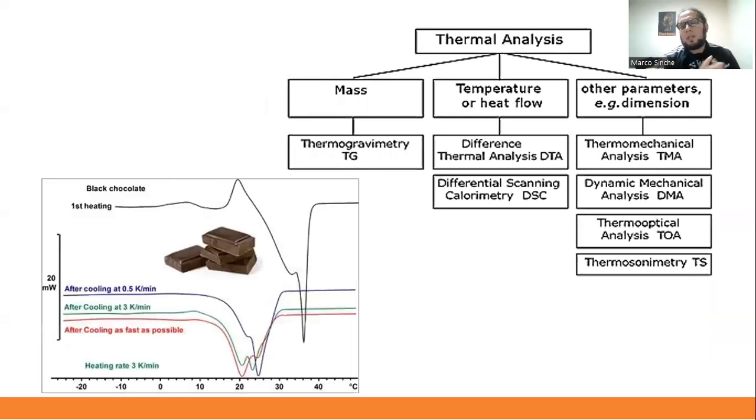Well, this thermal analysis will be based on the measurement of different properties. For example, thermogravimetry is focused on the measurement of mass changes, while DTA or DSC are based on the measurement of temperature or heat flows, while the measurement of other parameters such as dimensions are the main focus of TMA and DMA.